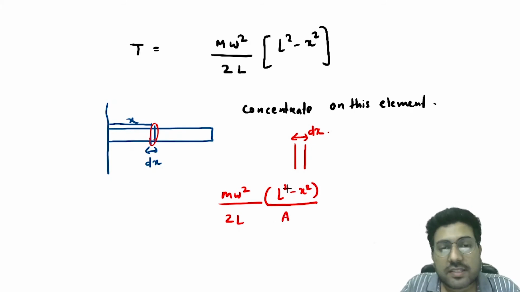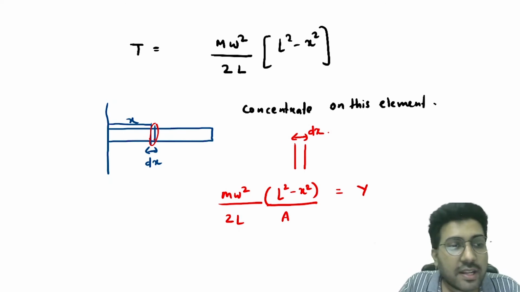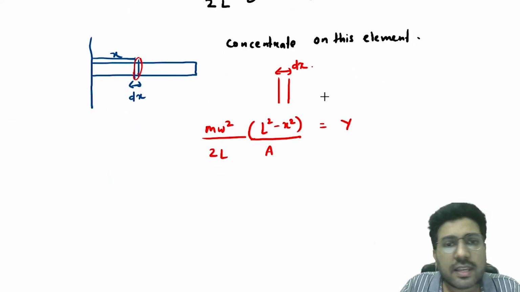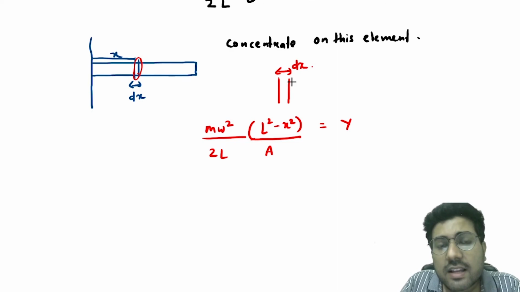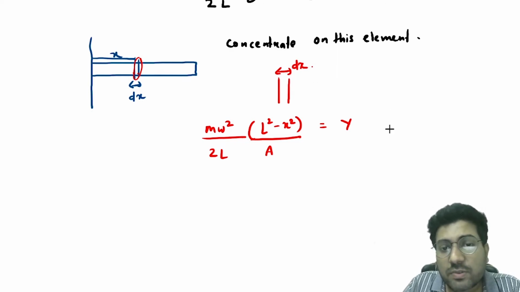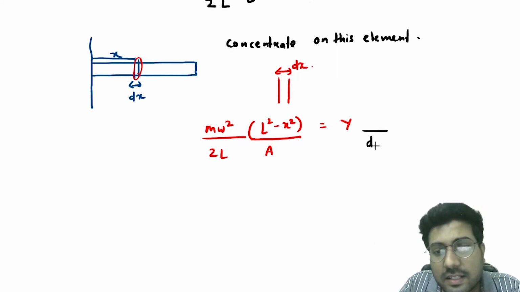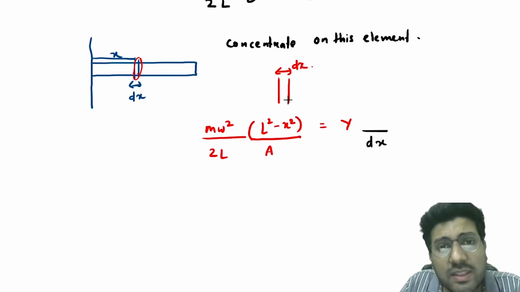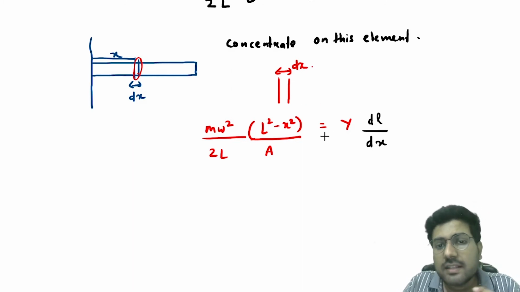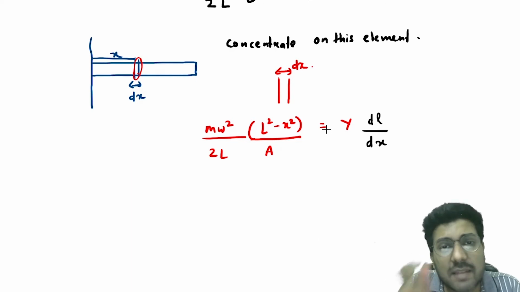This is the stress, equal to Y multiplied by strain. Now again, writing the strain is tricky because we are just writing the strain on this element. So you have to say that the length is dx and the elongation on this dx element is suppose dl. So dl is the elongation of this element only.